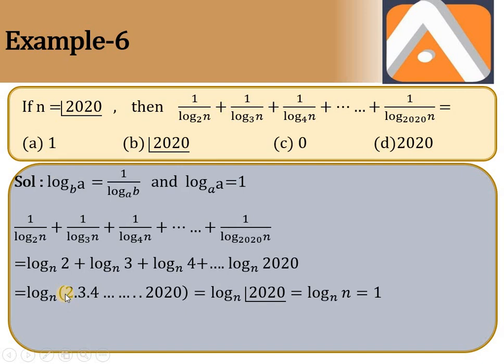So indirectly 1 into 2 into 3 into 4 up to so on 2020. This entire term becomes 2020 factorial. Now they have given 2020 factorial as n, so I am replacing this value with n. So log n to the base n. If the base and this logarithmic value are the same, then this value becomes 1.